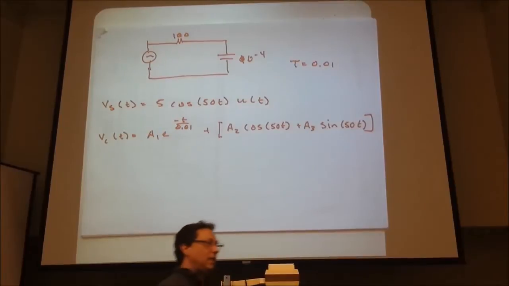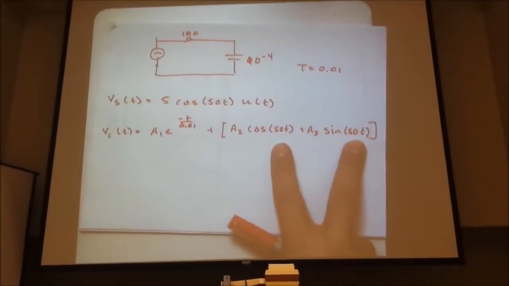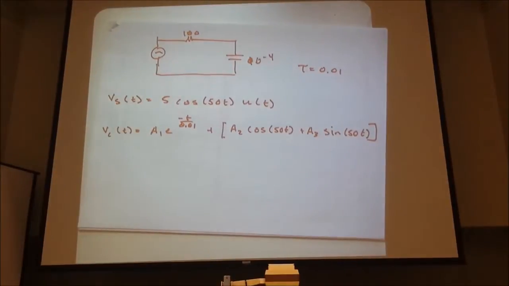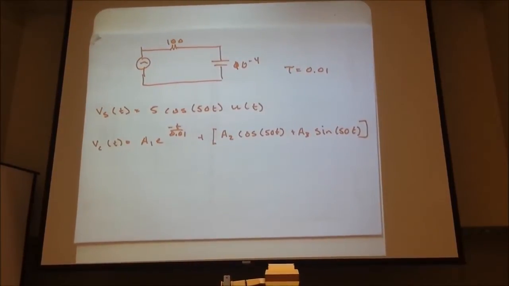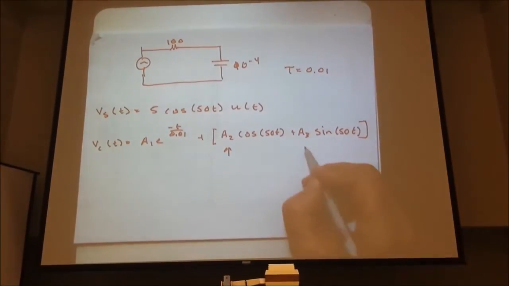And I tend to write them like this. You can combine this into a single sinusoid with an amplitude and a phase using trigonometry that I can never remember. But this is my preferred representation. It's still a single sinusoid, and it works. So how do we find A2 and A3?